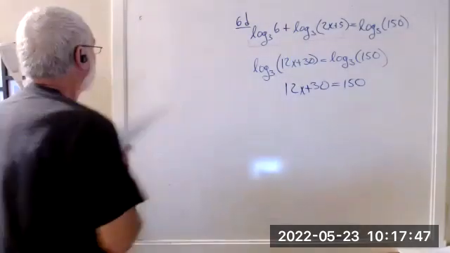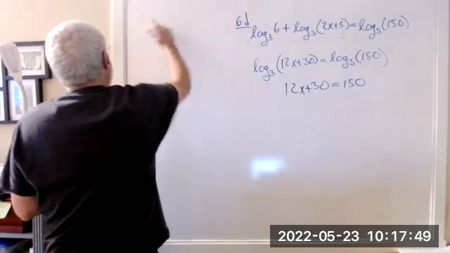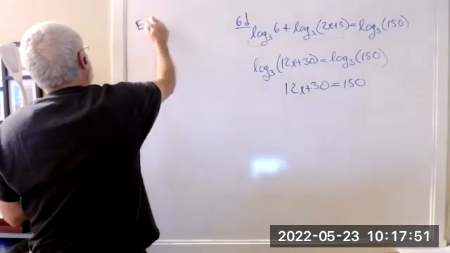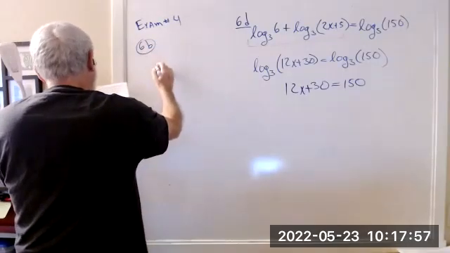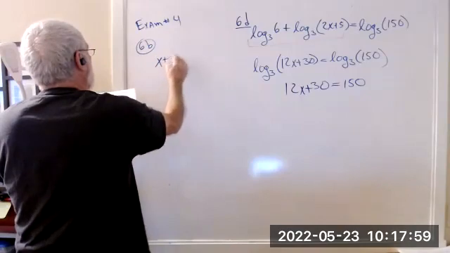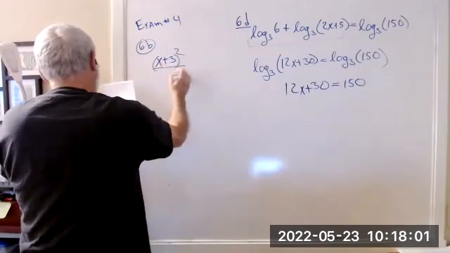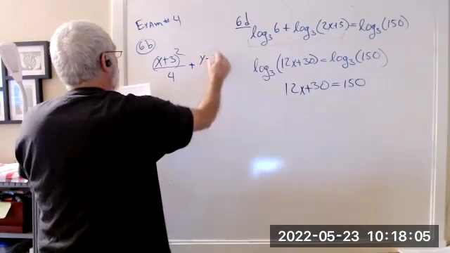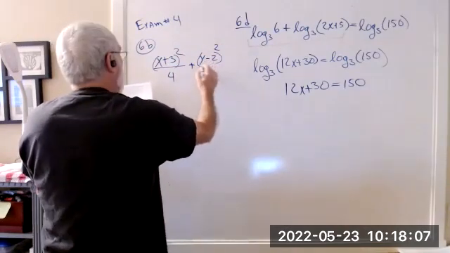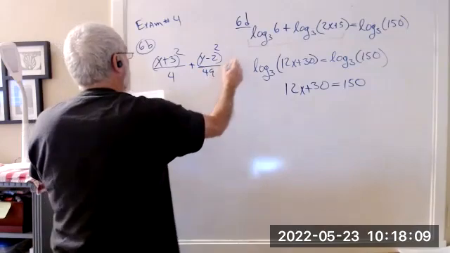The analysis that you had to bring to this problem was what conic was it? So this is exam number 4, 6B. It was x plus 3 quantity squared over 4 plus y minus 2 quantity squared over 49 equals 1.